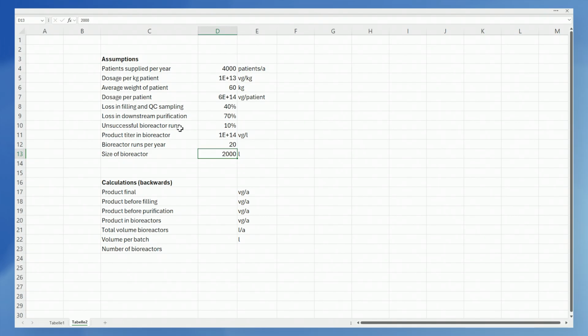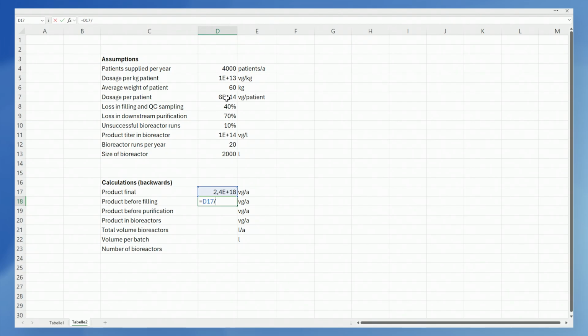So now we can start calculating how much product we have, and this is just simply the number of patients times the dosage per patient. So that will give you the virus genomes that you need to produce per year. And then we can start calculating the losses. So just considering the loss in the filling, you would just divide by 0.6 then, because you have 40% loss.